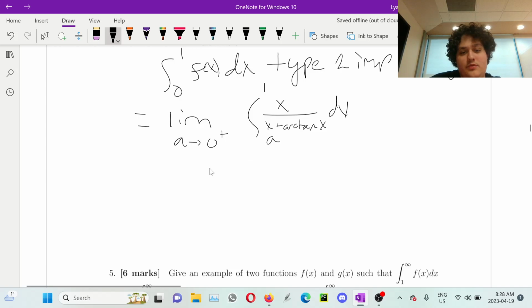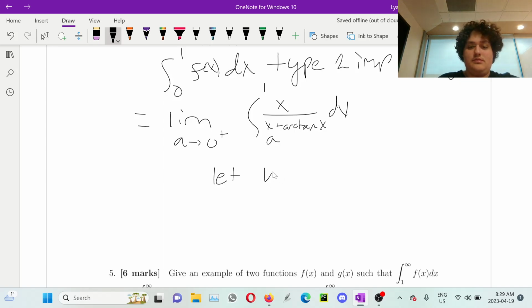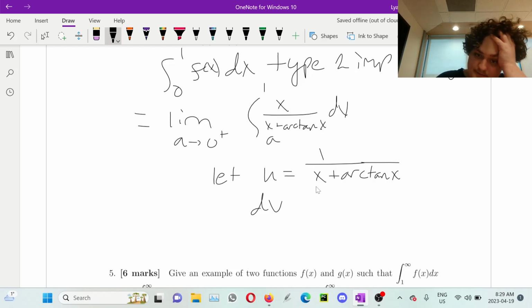Yeah, we should try and differentiate this one, and we should integrate this one.